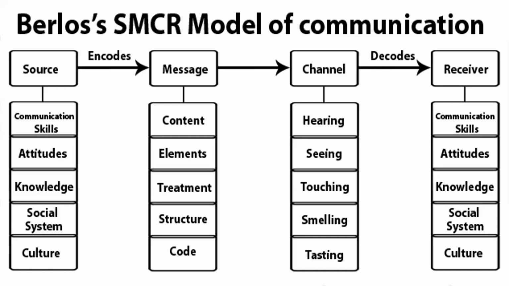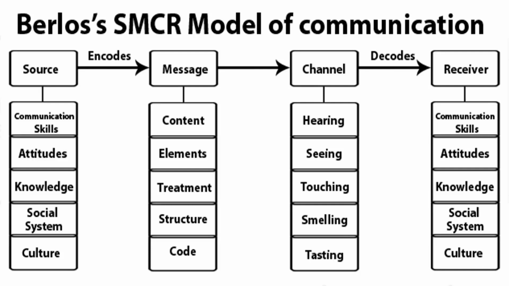Okay? So now that you have organized the message well, you have to know what your medium or channel would be. The channel here includes the 5 senses of your body. So that's hearing, seeing, touching, smelling, and tasting. Hearing, of course, is when you use your ears.